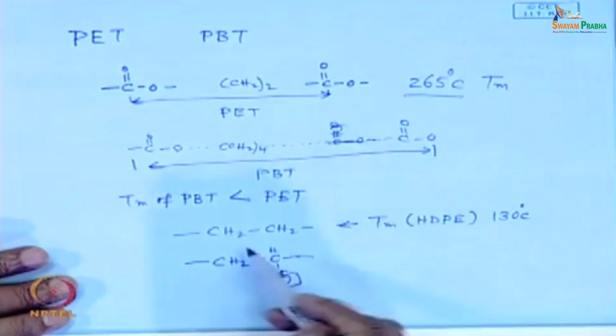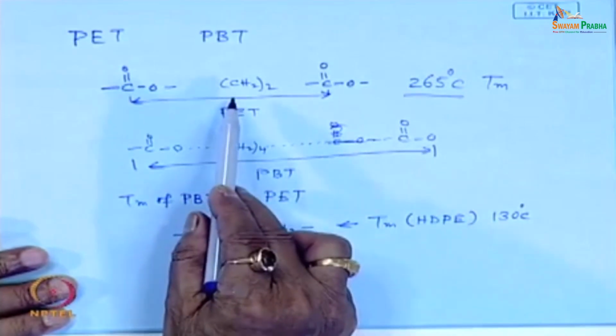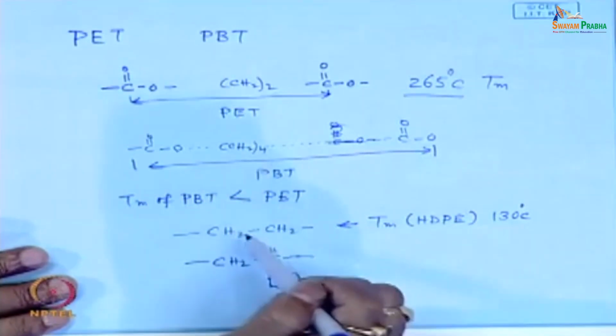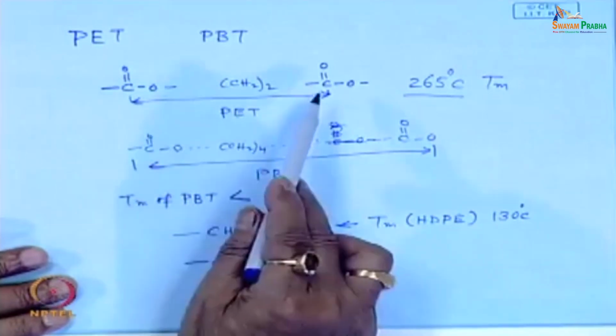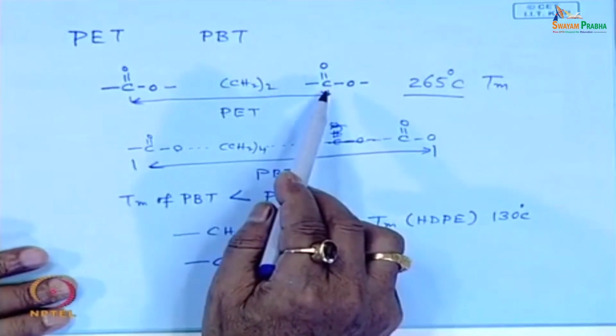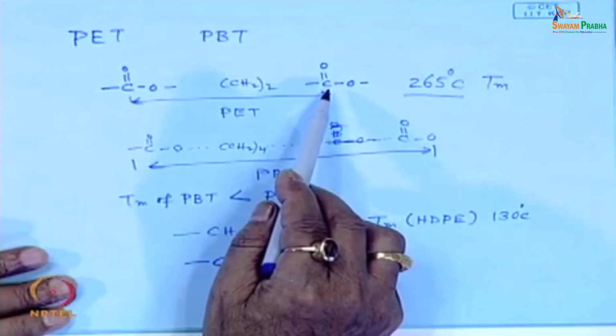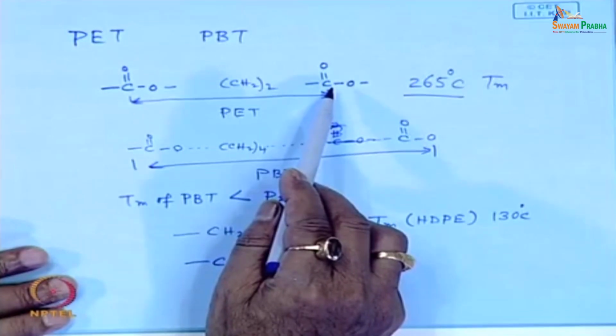Why so? It contains carbon-carbon bonds, and in addition to these it contains one carbon-oxygen bond, as well as in this molecule there is one phenyl ring in the backbone itself. Now, that phenyl ring in each repeat unit restricts its mobility.